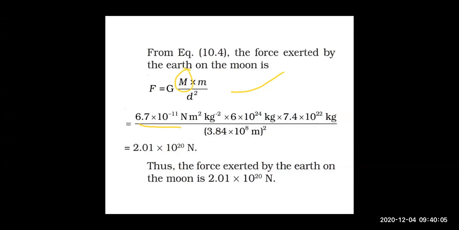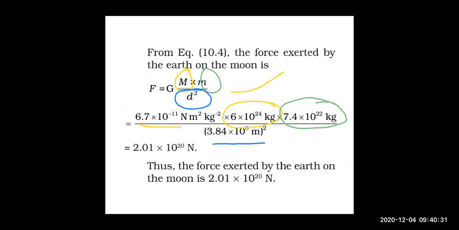The value of M is 6 into 10 to the power 24. The value of small m is 7.4 into 10 to the power 22 kg. That is the mass of the moon. And children, the value of d, that is the distance between them, is 3.84 into 10 to the power 8 meter, and square of it. So we have just put a square.